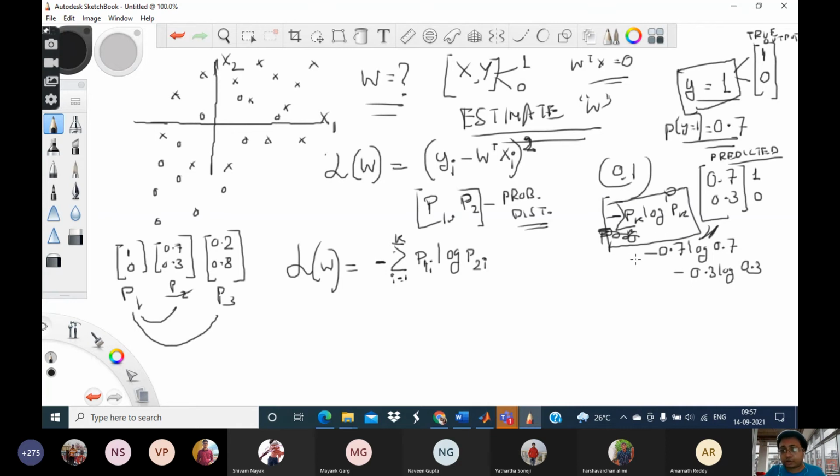Okay, this is entropy. Now what I am saying is there are two probability distributions, P1 and P2, or if you want, P and Q. Just to avoid confusion of notation, let me call them P and Q. And here also let me write it accordingly.